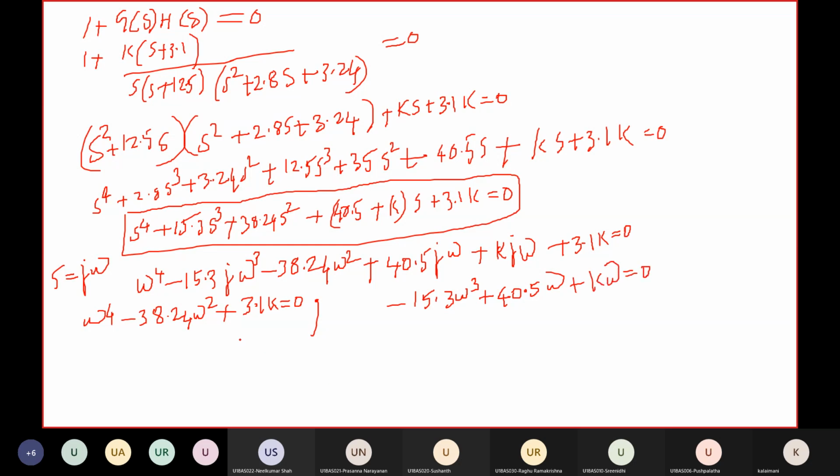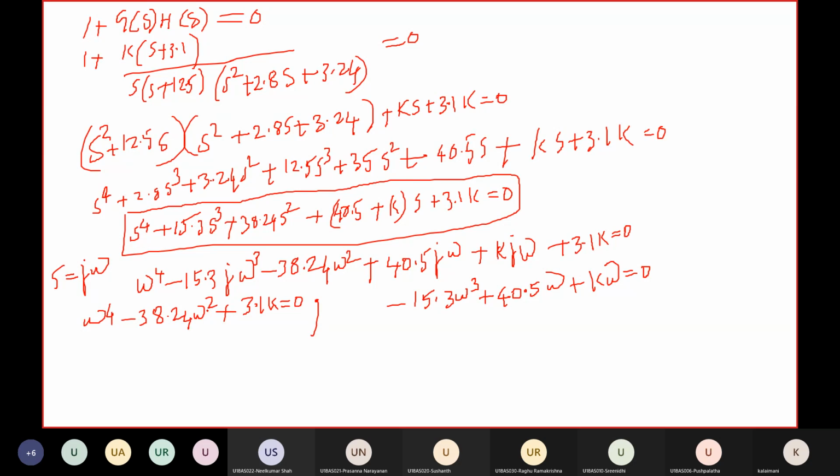I have two equations, and I have two unknowns. If you solve these two equations, I will get the omega value as well as the gain value.